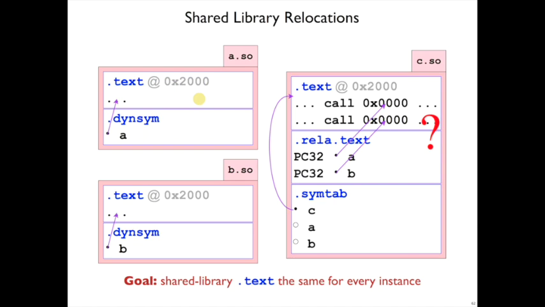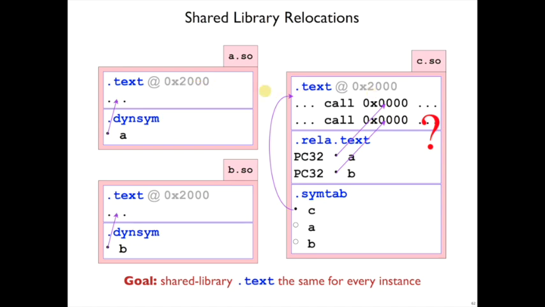When the linker takes .o files and creates an executable, it rewrites the text sections as it merges them together. For shared objects, we not only don't want to have to change the file or make a separate executable file, but we want to copy these text sections into memory and use them as is, as read-only text. The reason for that is so it can be shared not only on disk, but in memory among different programs that are using the shared library.